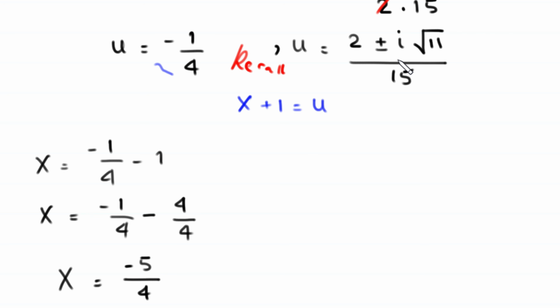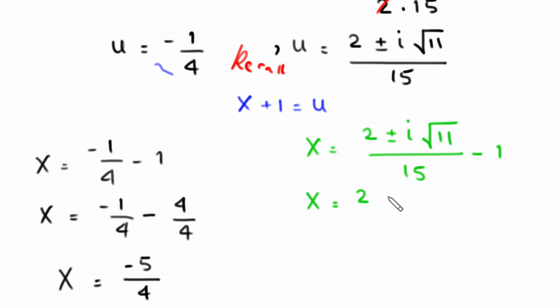When u is equal to this expression, then x will be equal to (2 plus minus i times root 11) divided by 15 minus 1, and 1 is the same as 15 over 15.